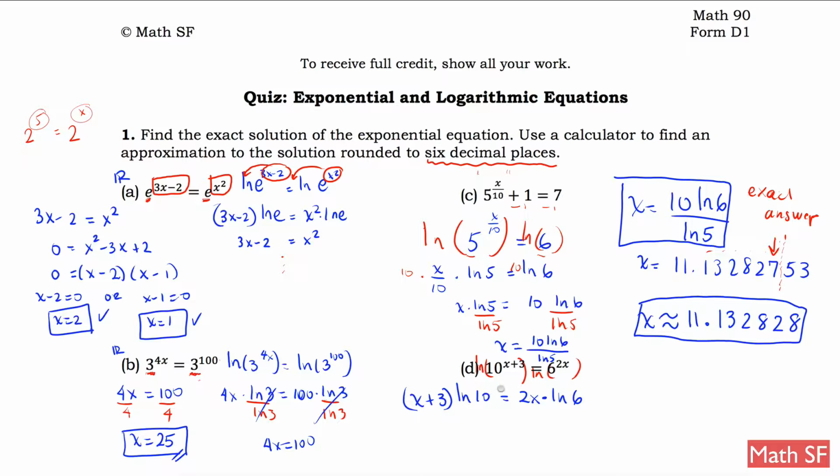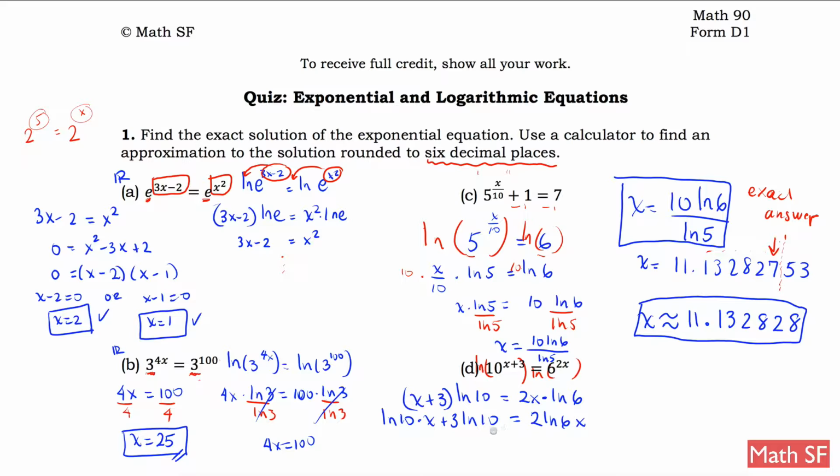This problem seems to be a little bit complicated. So what we're probably going to do here is isolate the terms with x's. I'm going to distribute the ln of 10 here. So we'll have ln of 10 times x plus 3 times ln of 10 equal to, I'm going to put here, 2 ln of 6 x.